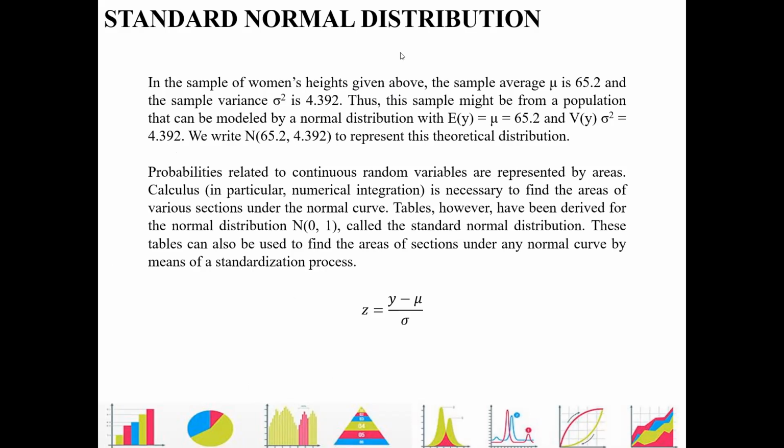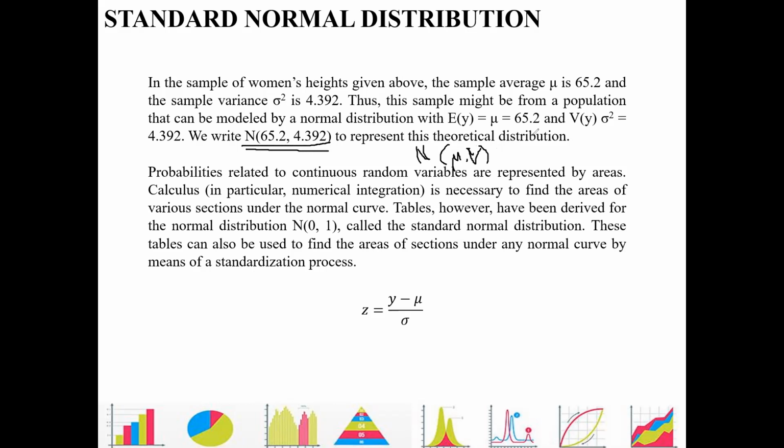Sa mga titingin sa graph, ma'am, later on, you will see that ito ang ginagamit natin value, which is denoted by N, mean, and the variance. So, ganyan yung format. N is mean, variance.